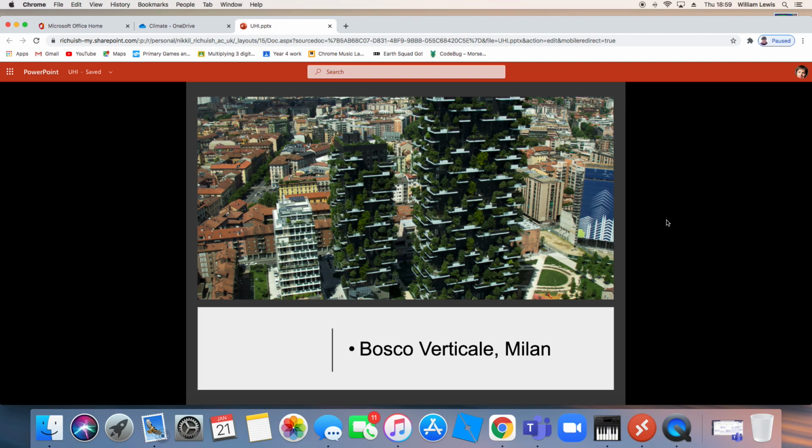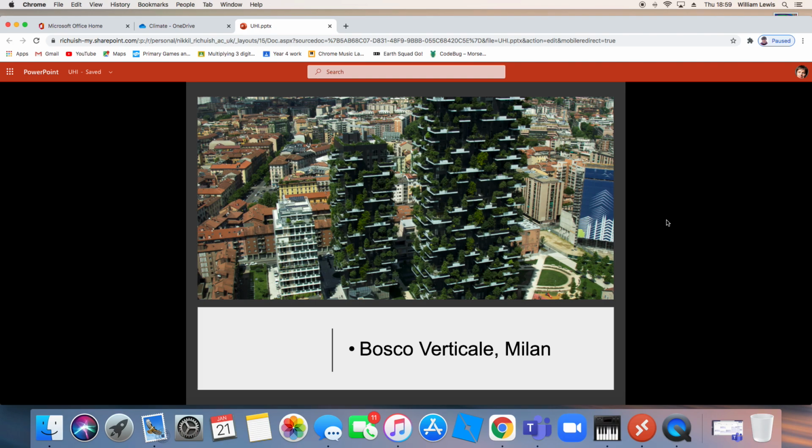You can see lots of pale colours, you can see lots of trees and shrubs. This basically is Milan's obviously very stylish solution to the problem, and it's so brilliant that many other cities around the world are now looking to copy this to try and help to counteract the urban heat island problem.